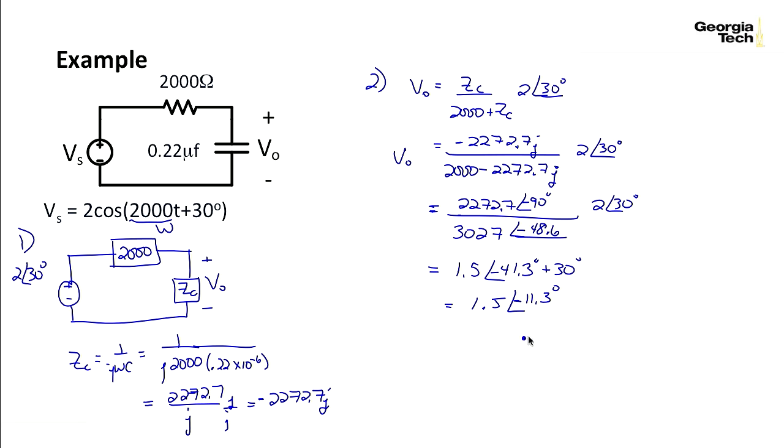So that's my final solution. If I go back to the last step, that is V out is equal to 1.5 times the cosine of the same frequency, t minus 11.3 degrees. So that was the three-step process.